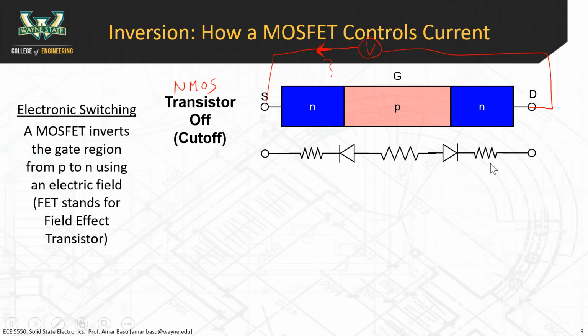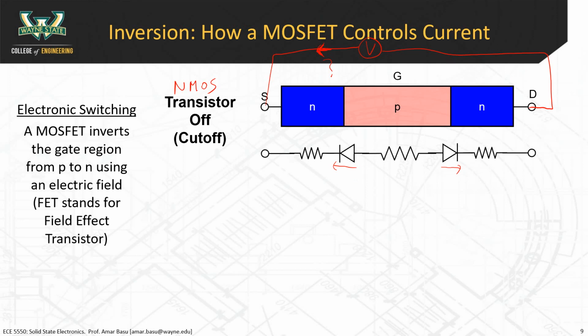Now, one of the things that we learned in the last module is that diodes only conduct current in one direction. So this diode only conducts current in this direction, and this diode only conducts current in this direction. If you connect this to a circuit, it's never going to allow current flow, because one of these diodes is always going to be reverse biased.